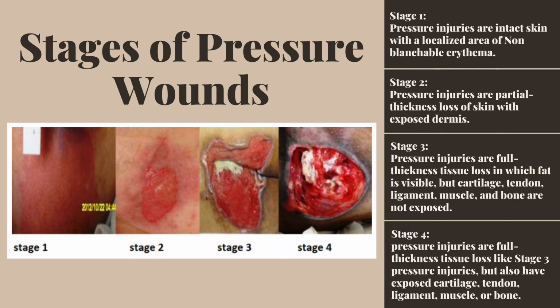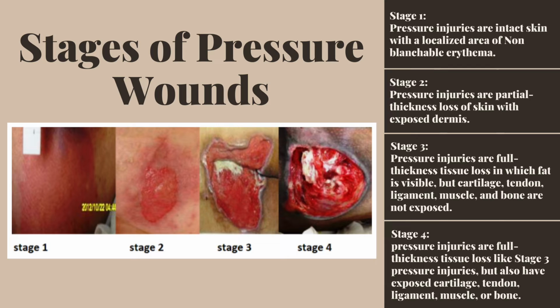Undermining occurs when the tissue under the wound edges becomes eroded, resulting in a pocket beneath the skin at the wound's edge. Tunneling refers to passageways underneath the surface of the skin that extend from a wound and can take twists and turns. Slough and eschar may also be present in stages 3 and 4 pressure injuries.